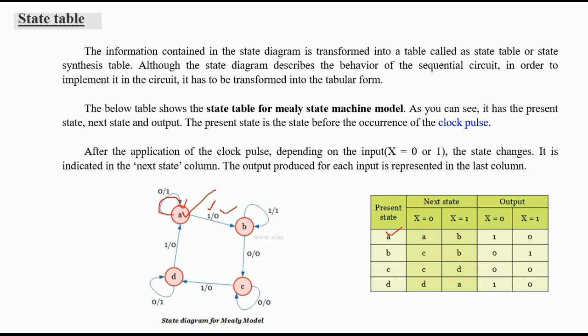Towards B. Why? The arrow mark decides that. That's why I have represented A, x equal to 0, and B. Now if you come to B, B will direct it towards C when the input equal to 0 and output is also 0.